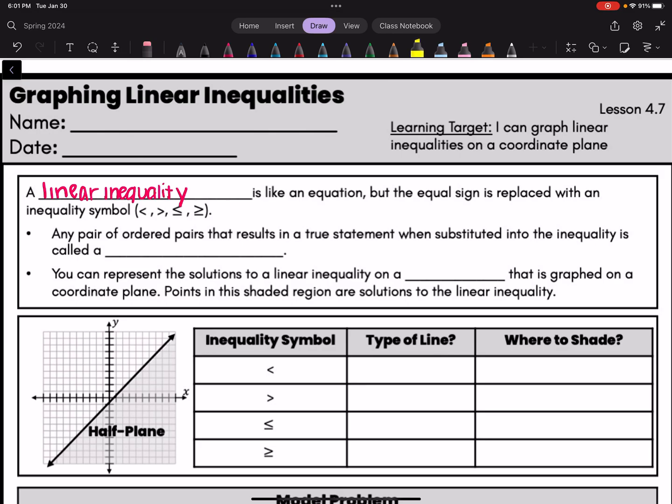Our four symbols are less than, greater than, less than or equal to, and greater than or equal to. So any ordered pair that results in a true statement when substituted into the inequality is what we call a solution.